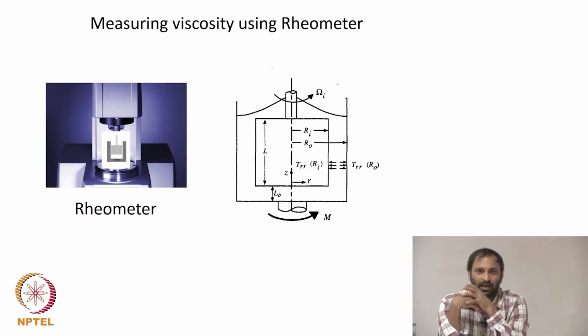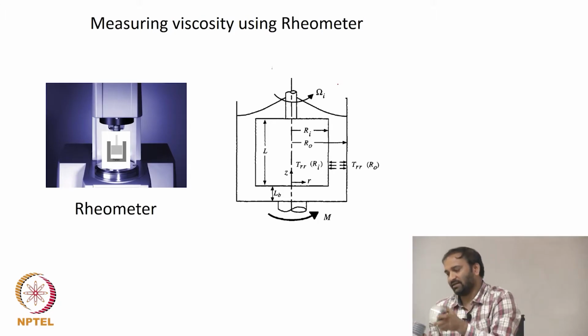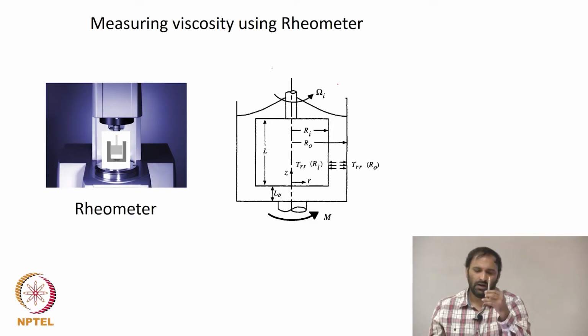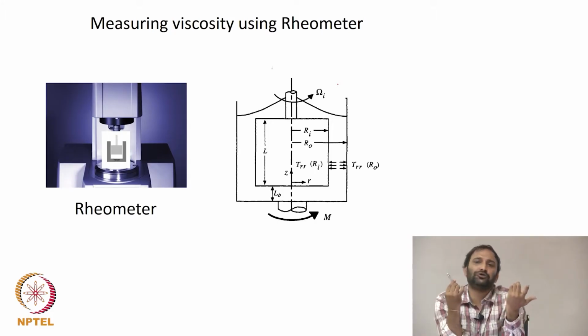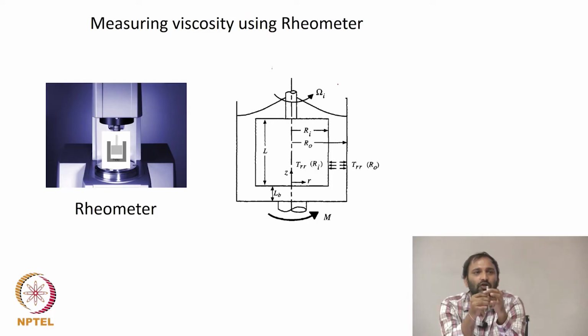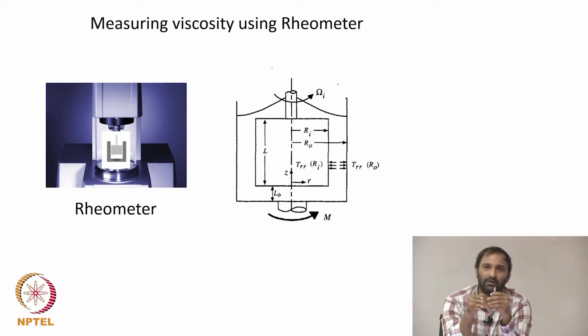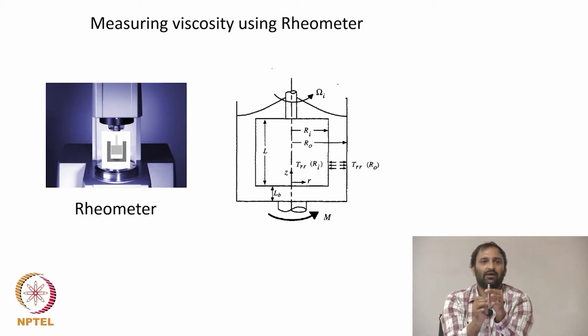Typically these measurements are done with a shaft, and the only thing that you control during your measurement is the rotation speed. I can tell the instrument to rotate at a particular rotation speed.